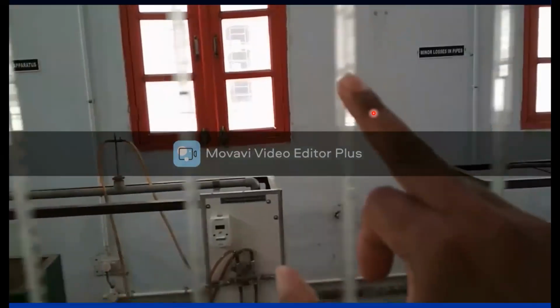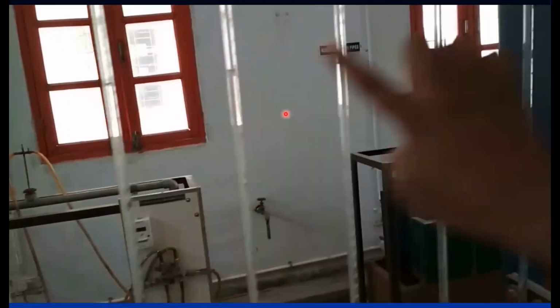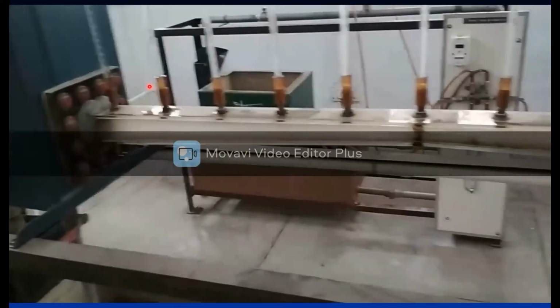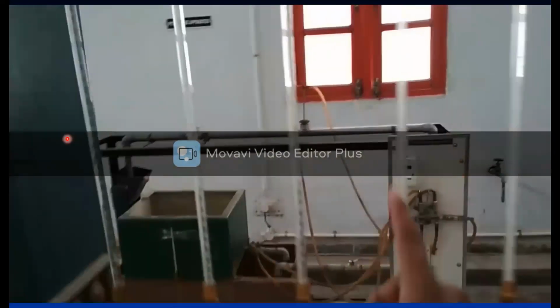Continuously the level decreases, and the lowest level we get at this particular section, that is the throat. At the throat we are getting the lowest section and lowest water level. This indicates the level of water in the piezometers. Record this level; that is the piezometric head at each section.